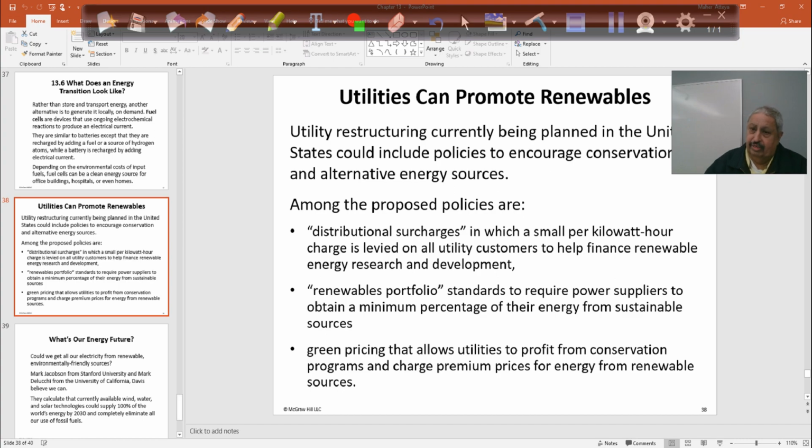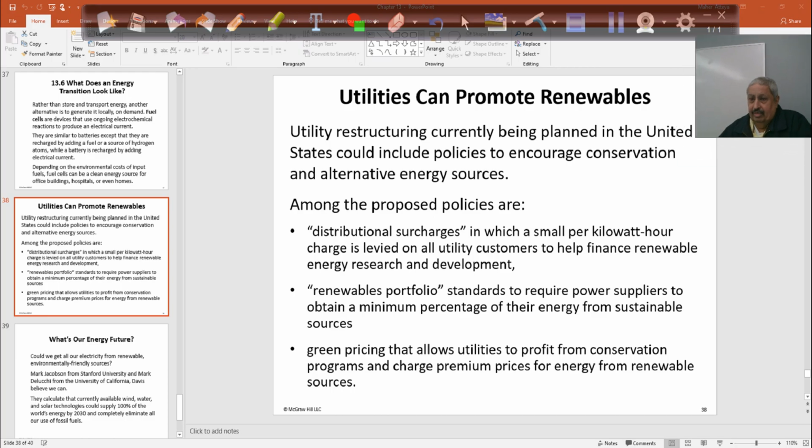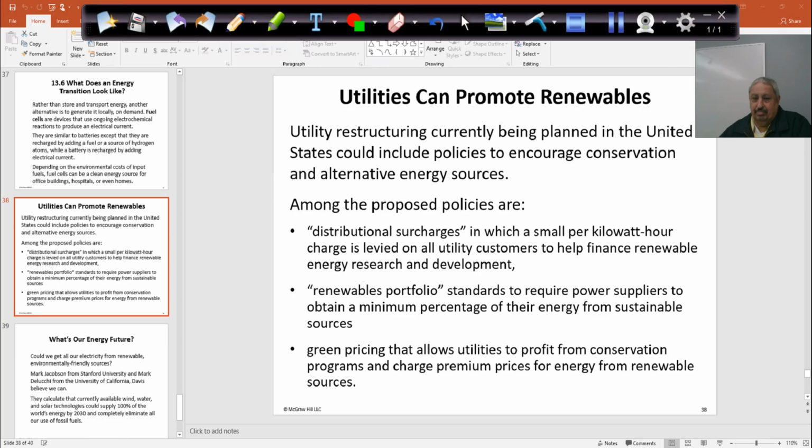Utilities can promote renewables. Utility restructuring currently being planned in our country could include policies to encourage conservation and alternative energy sources. Those are the policies here, 1, 2, and 3.